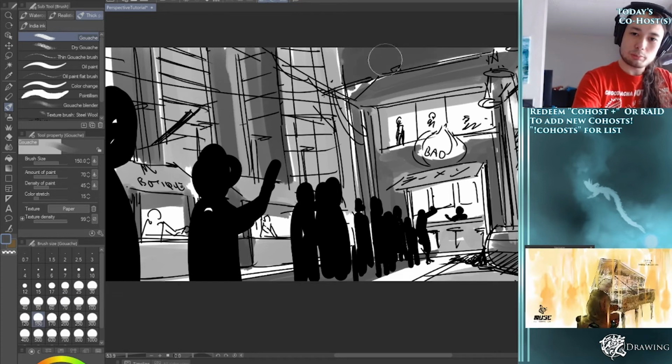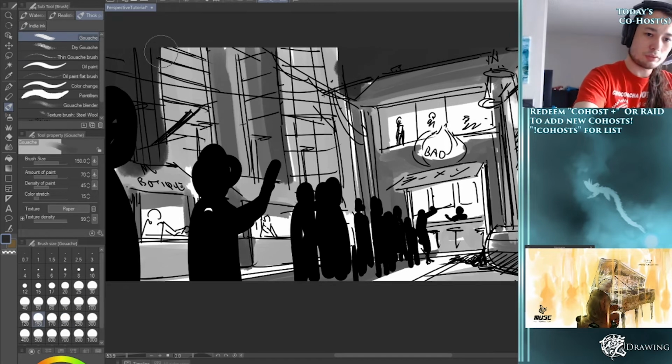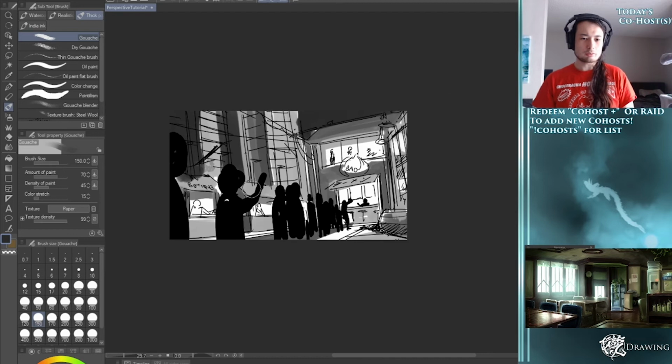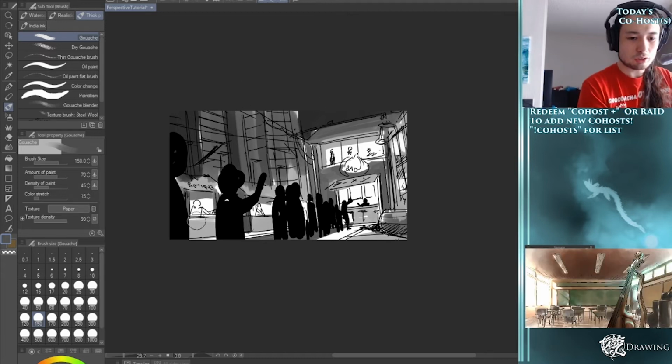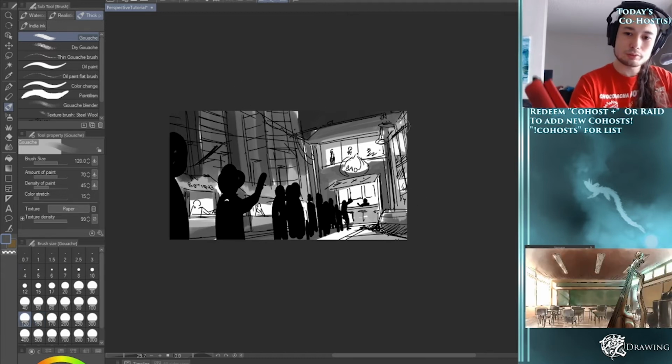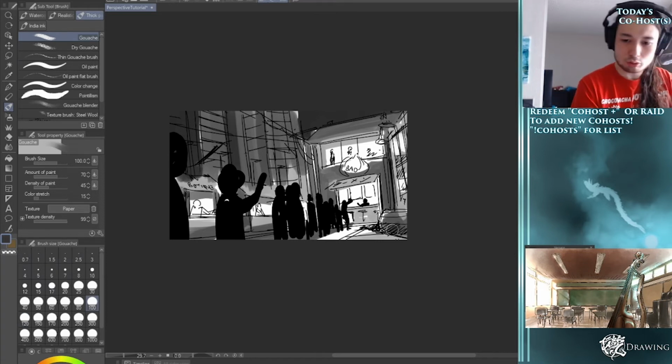I think I'm gonna have it be night up here, so I'll make this quite dark. I'm gonna make this stuff even darker because it's far away. It can really just be as simple as I want this part to be the focus, so it's not that I'm gonna make it light, I'm gonna make everything else contrast with it more. In fact, maybe I'll make this trash can quite dark.